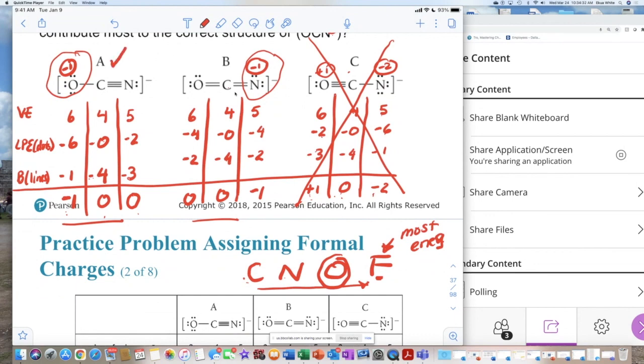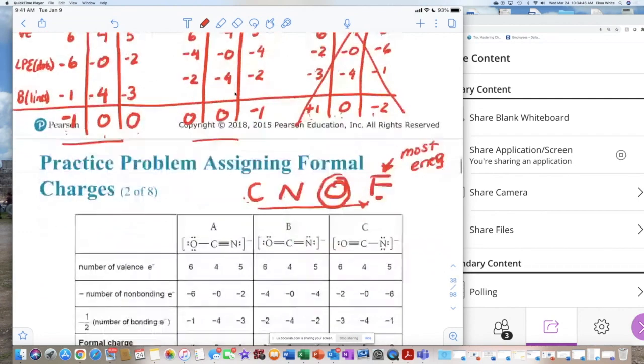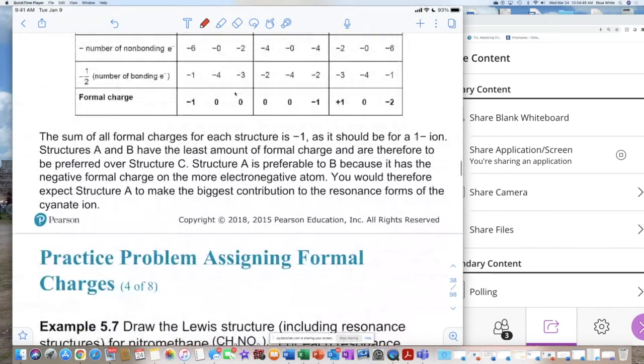So this structure wins, because the best Lewis structure has the most electronegative element holding the negative formal charge. So this would be first, this is the runner up, and this one is bad. They explain that structure A is preferable to B because it has a negative formal charge on the more electronegative atom.